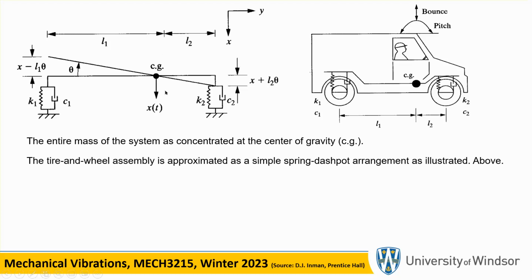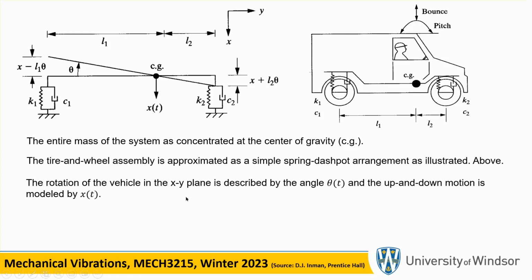So when you look at this, you can write the sum of all the forces in the vertical direction equal to mass times acceleration of the car, and the sum of all the moments about the CG equal to the polar moment of inertia of the car, J of the car, times θ double dot. We have done things like that, except that this is a 2 degree of freedom system.